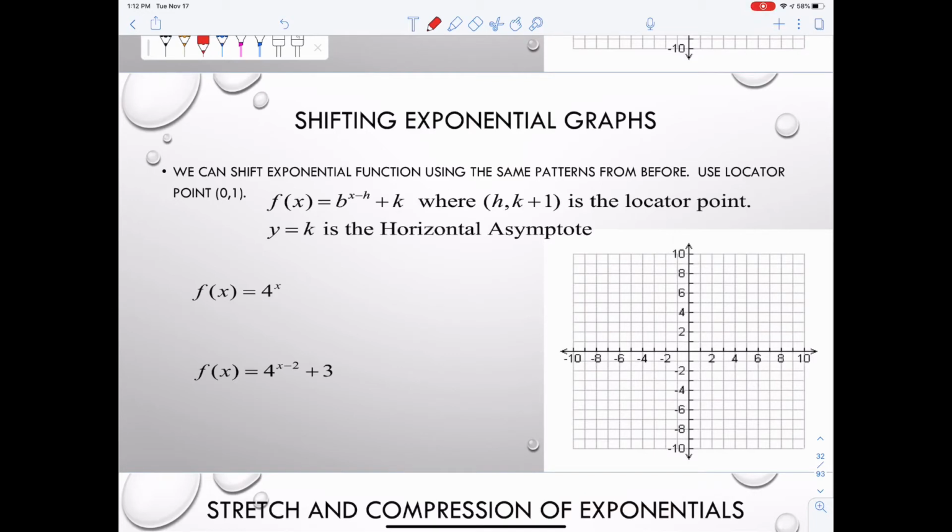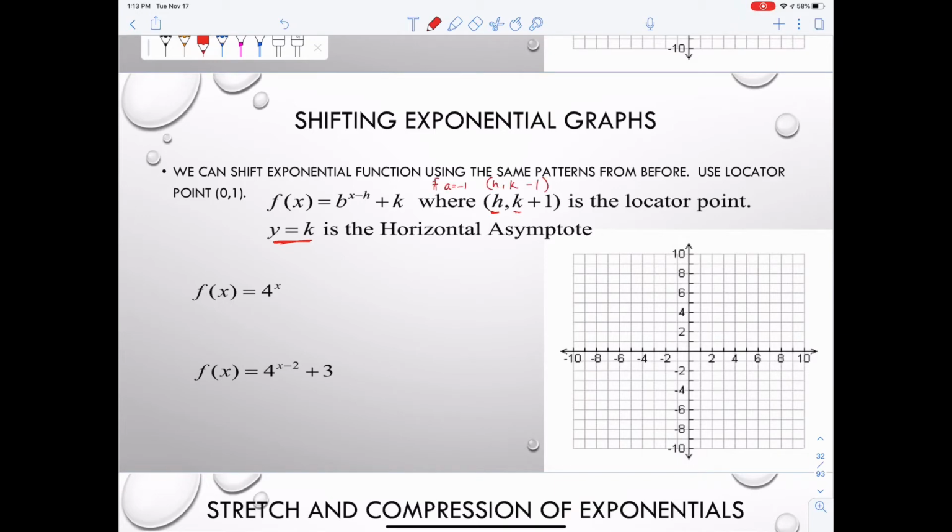In general, okay, then we're going to have a horizontal asymptote at y equals k. And my locator point is going to go from its original position at 0, 1 to it's going to shift h units left or right, and then k units up or down. So it's going to be at the point h and then k plus 1.